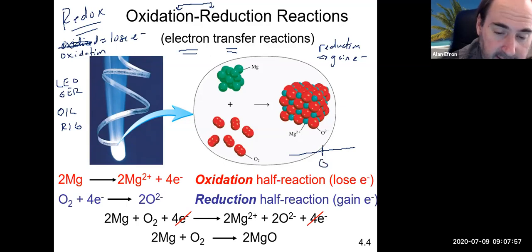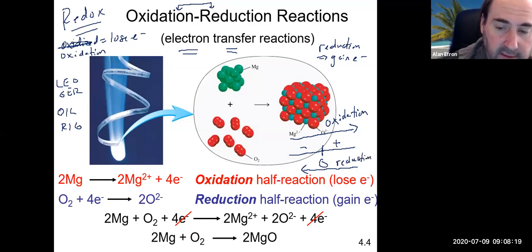To the right is positive, and to the left are negative numbers. So if you lose electrons, you become more positive and go through oxidation. And if you gain electrons, which are negative, you're going to become more negative and go through reduction. So you literally can use a number line and ask, which way am I moving? And you can figure out whether it is going through oxidation or reduction.